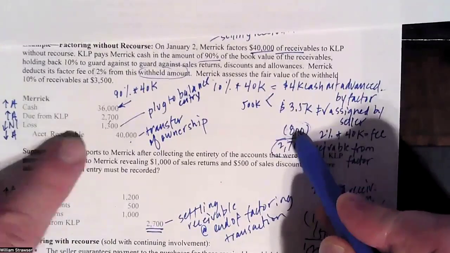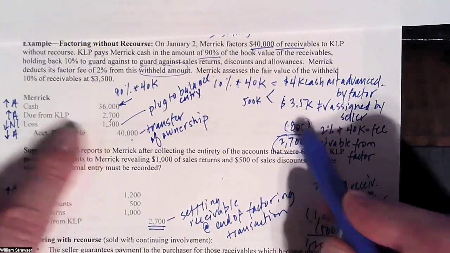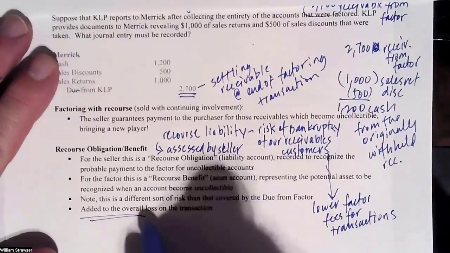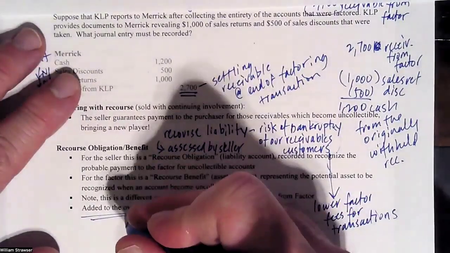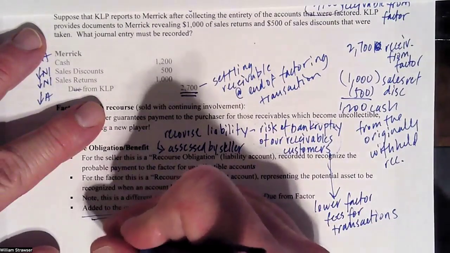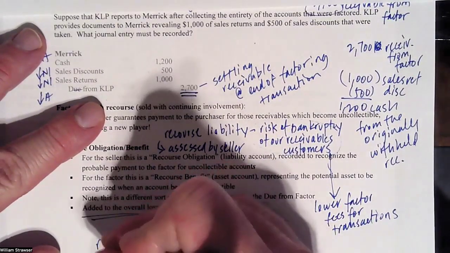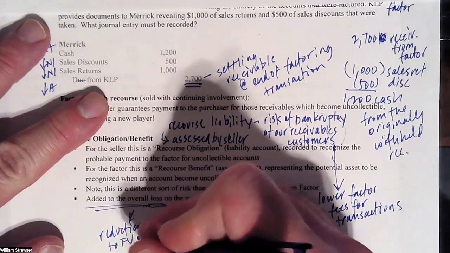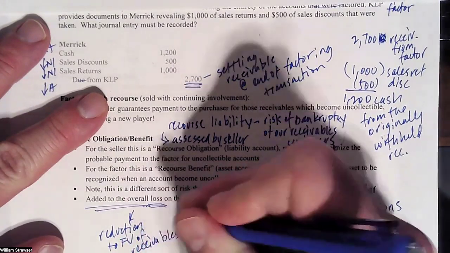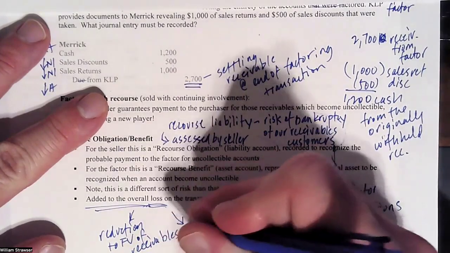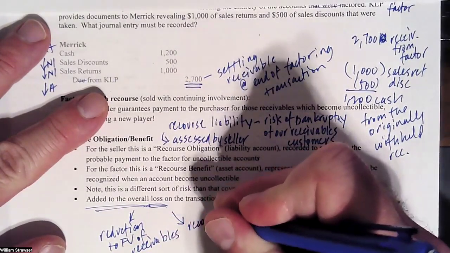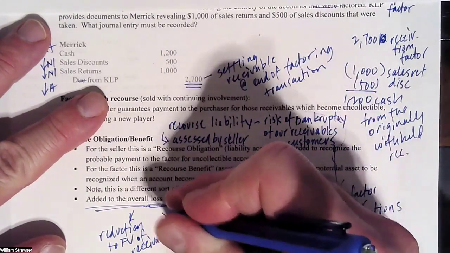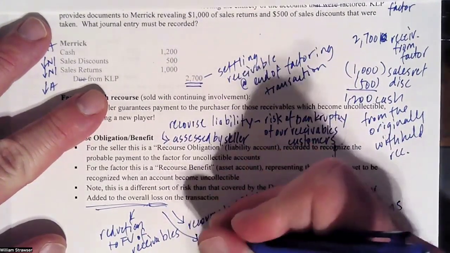Those two gave me the loss in the original scenario. Now we're going to add the recourse obligation too. So the overall loss then becomes three things: the reduction to fair value of receivables, the recourse liability that we just added, and the factor fee.